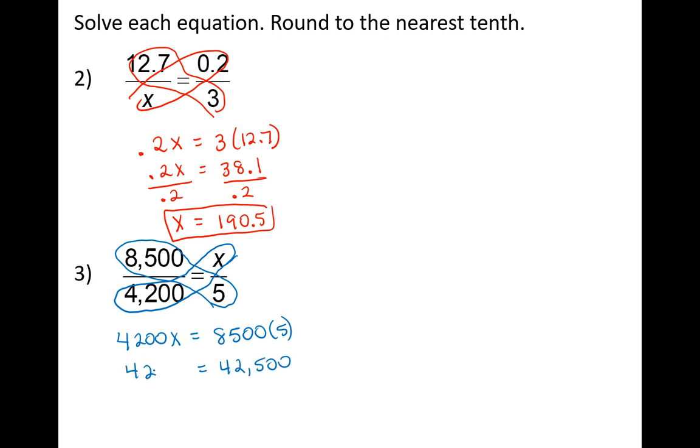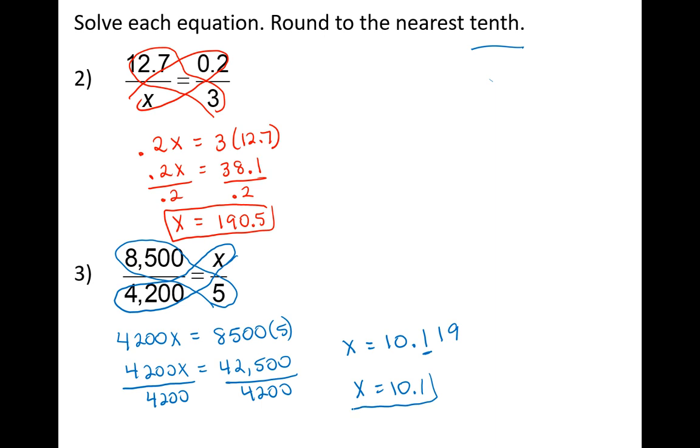This is 4,200x. So now we divide by 4,200. And I get x equals 10.1. They told me to round to the nearest tenth. My calculator actually had 10.119. But to the nearest tenth, I'm just going to get 10.1.